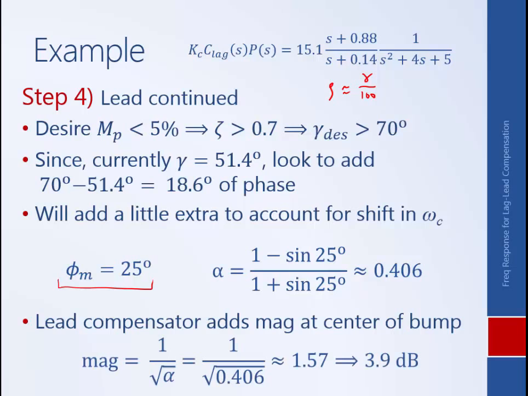It turns out that at this center of the bump, this maximum phase lead that we're going to add, the magnitude added by the lead compensator can be calculated with this equation. And so at the phase bump, we're going to add a factor of 1.57 magnitude. If we convert that to decibels, we're going to add about 3.9 dBs at that center.